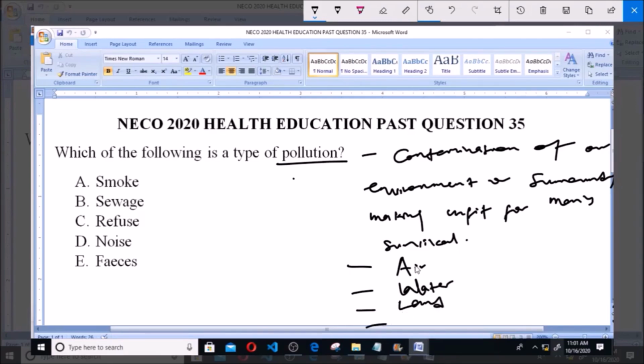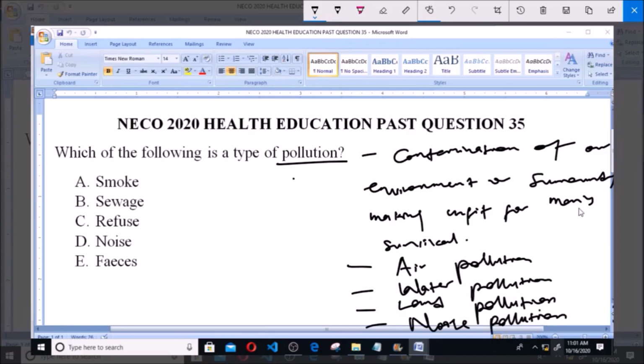Now this can also be written as air pollution, water pollution, land pollution, or what you call soil pollution. Then included is the noise pollution, because noise pollution is a disturbance. It affects the environment. Now these are the various types of pollution we have.